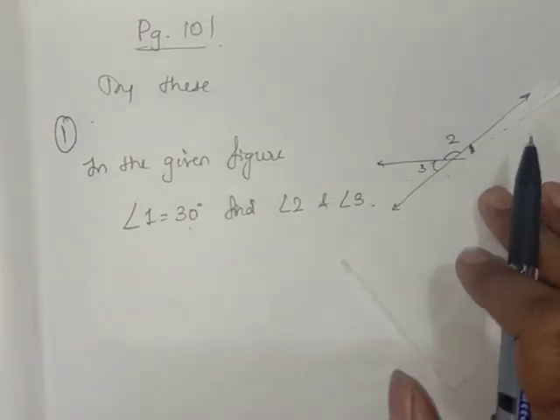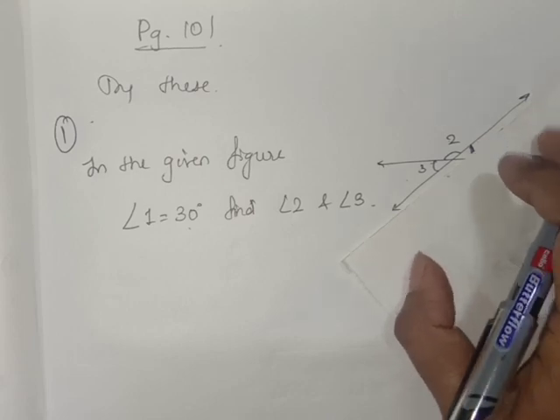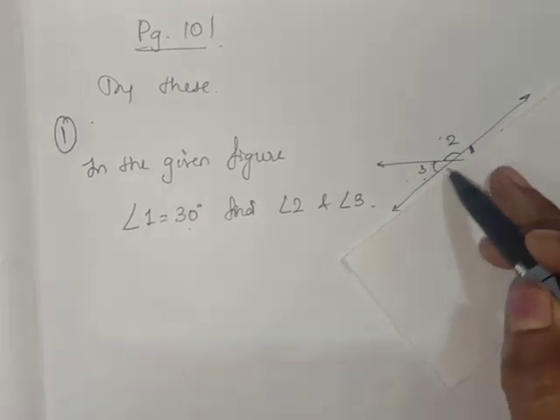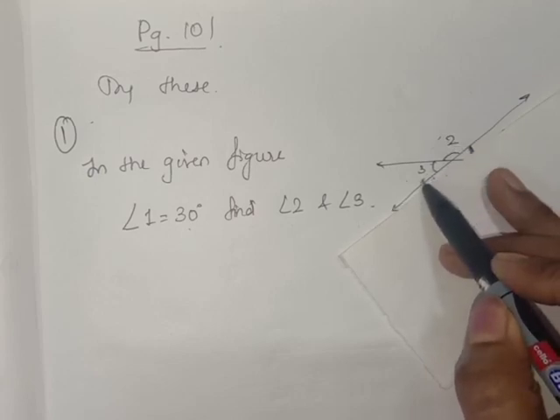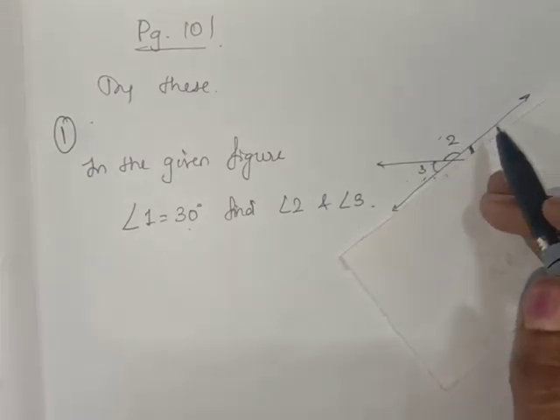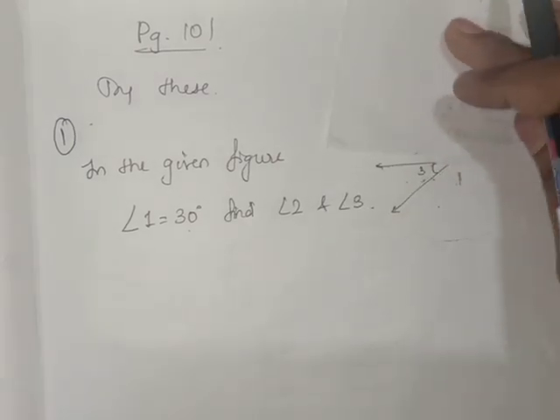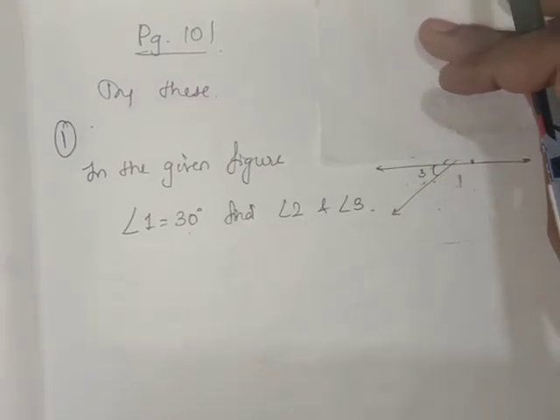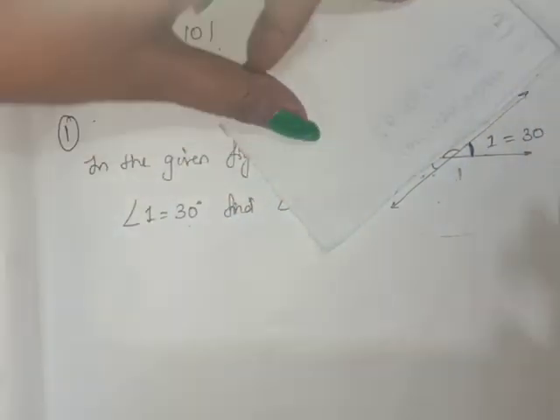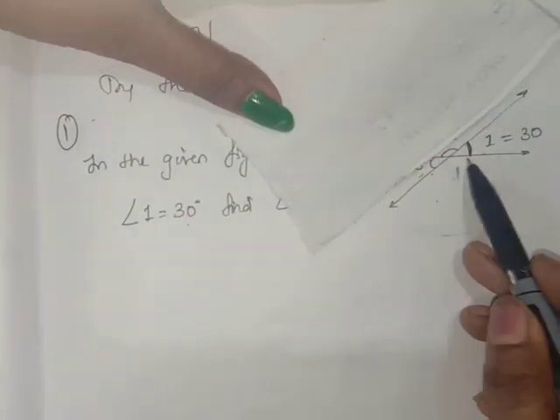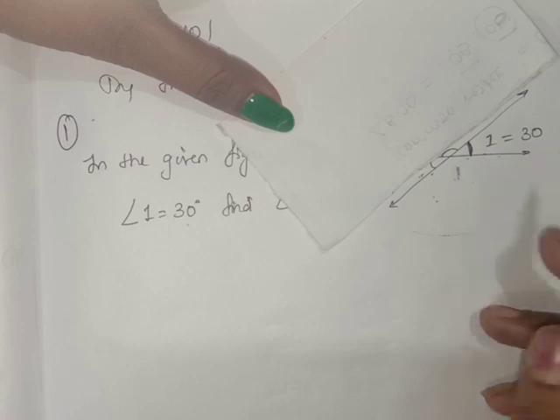Move like this, this is a straight line again, and you can see this is 180 degrees. Angle 2 plus angle 3 total forms 180 degrees. When you move here, again you can see it is a linear pair, 180 degrees, and when you move here also, you can see angle 1 and another angle, so it is a total of 180 degrees.